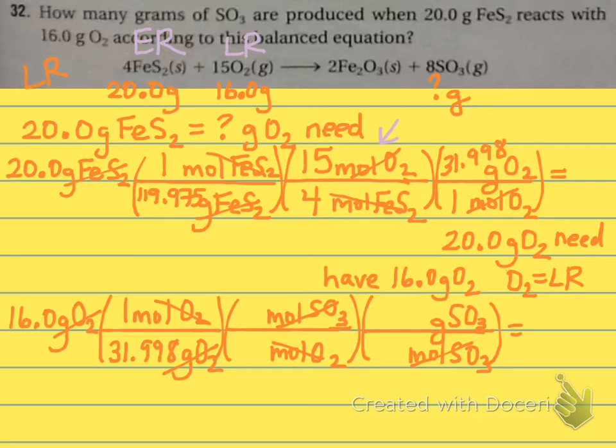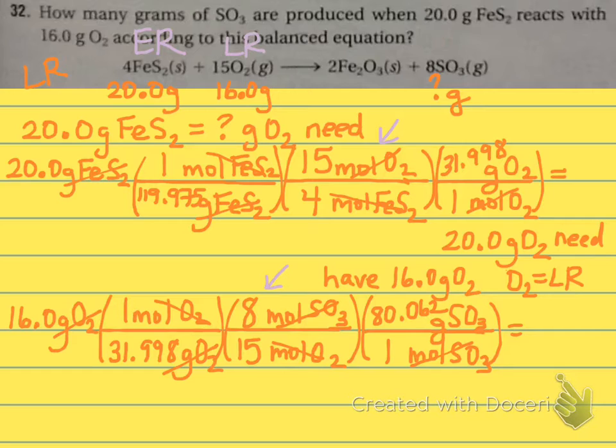So again, my easy numbers are my moles, my coefficients. My coefficient is 8 on sulfur trioxide and 15 on oxygen. Again, in molar mass, it's always 1, and then I have to calculate this. So sulfur's 32.065, and there's just one of them. And there's 3 oxygens at 15.999 each, which gives me 80.062 grams.